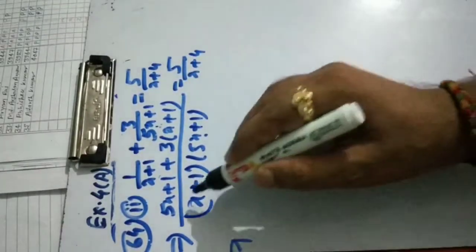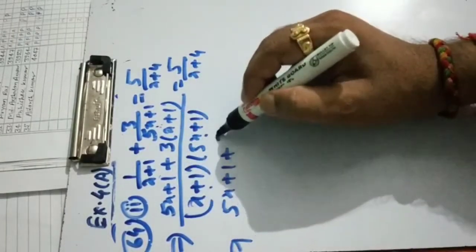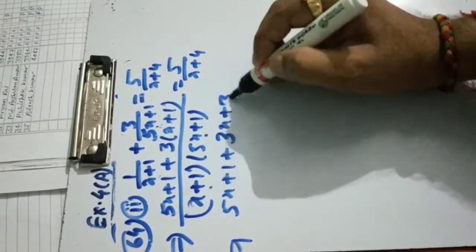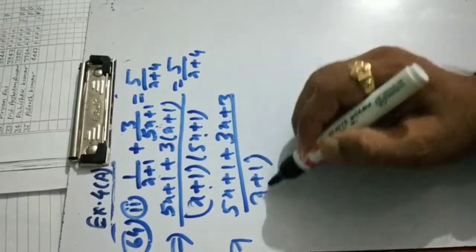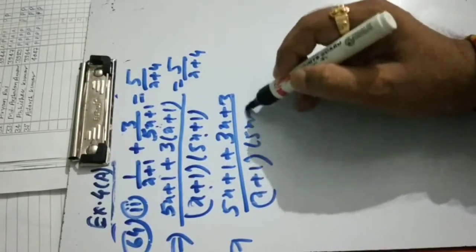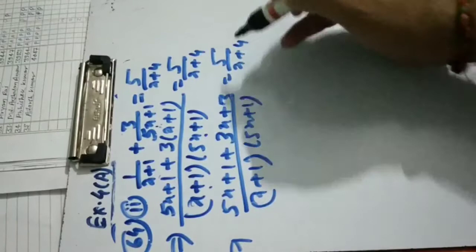Now let us multiply it by 3. 3 multiplied by x will be 3x plus 3 upon x plus 1 multiplied by 5x plus 1 is equal to 5 upon x plus 4.